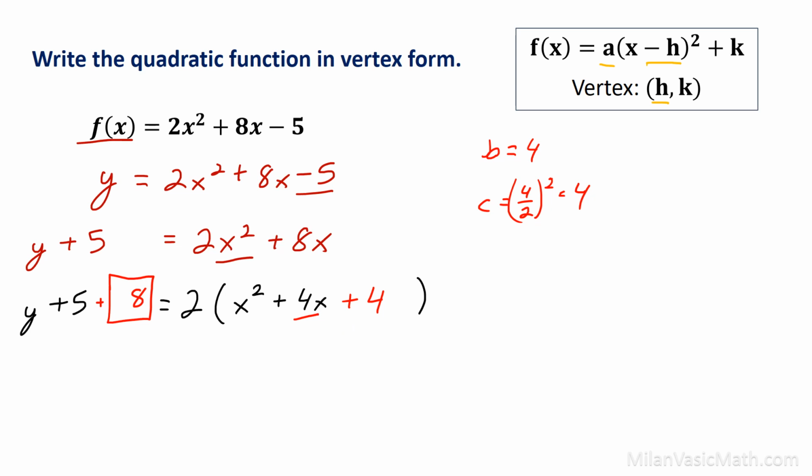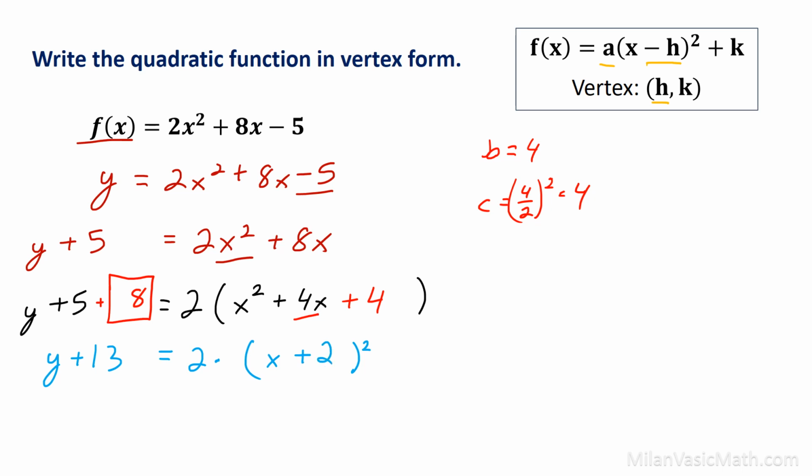Okay, now we can go ahead and simplify. So I have y plus 13 on this side. On the right side I have 2 times, and you can go ahead and factor this to the simplified form, because we know it's a consistent pattern.